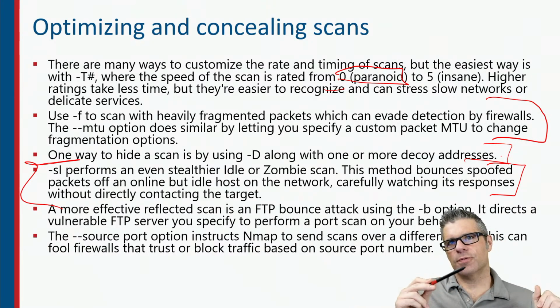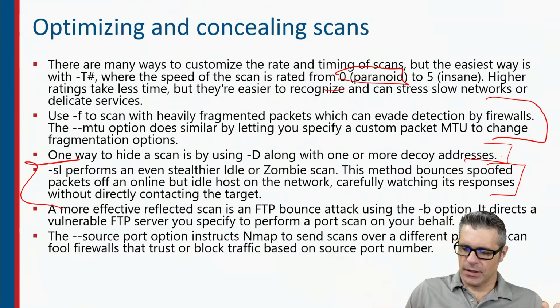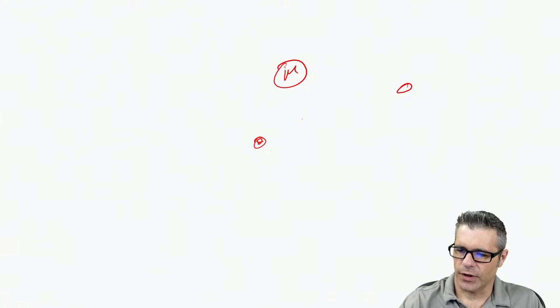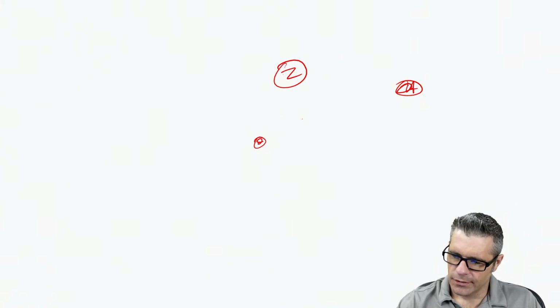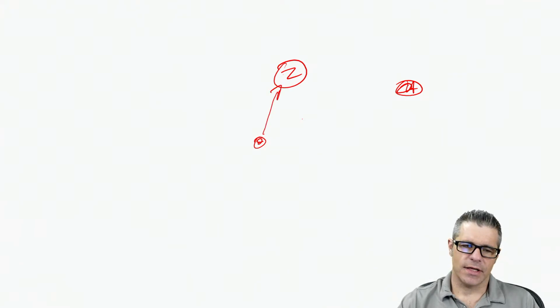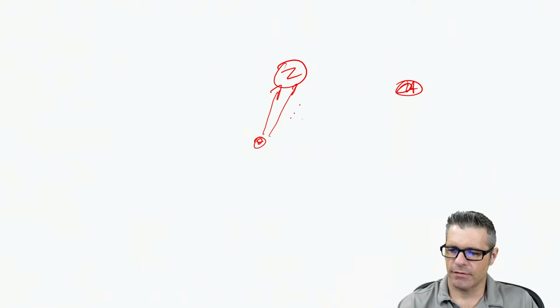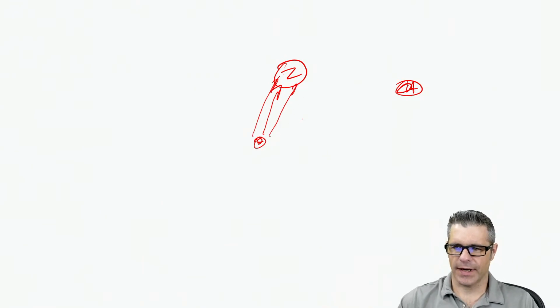Then you spoof the packet so it looks like it is bouncing off of, like here's Evil over here, and you've got Mallory, or how about Zach, who is our zombie host, and we're trying to scan Alice over here. You check to see that this is an idle host, so the TCP sequence doesn't increment very much after you send it a couple of packets.